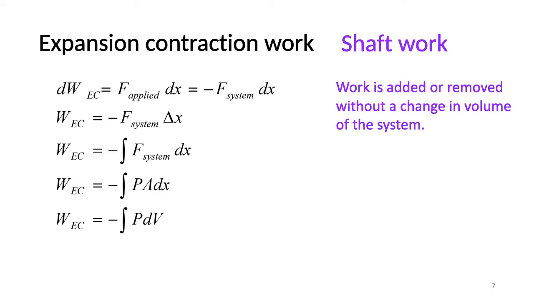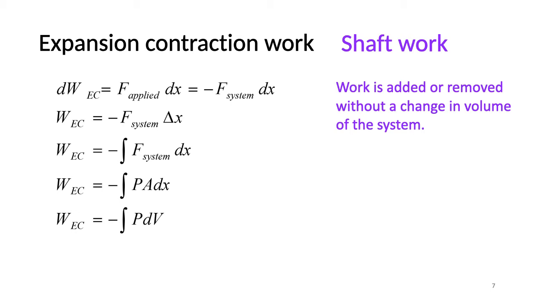First, let's take a look at expansion-contraction work. The work done on the system is equal to the force applied times the distance moved. It is also the same as the negative of the work done by the system times the distance moved. Here, the work done by the system is represented with a negative sign because it is loss of energy to the system.